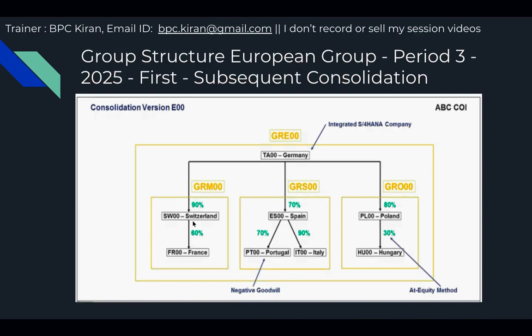One more thing you have to understand here. When we were talking about rule-based, I said the consolidation of GRM 00 is possible, Switzerland and France is not possible. Whether you use activity-based or rule-based, the consolidation of Switzerland and France at GRM group level is possible. Now when you want to consolidate at Europe level, with the rule-based approach, minorities in goodwill are not possible.